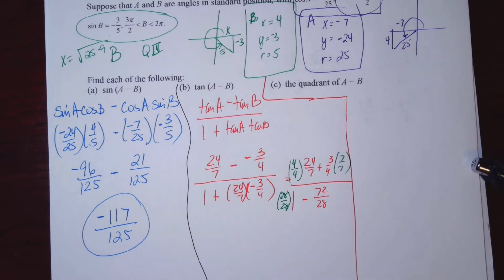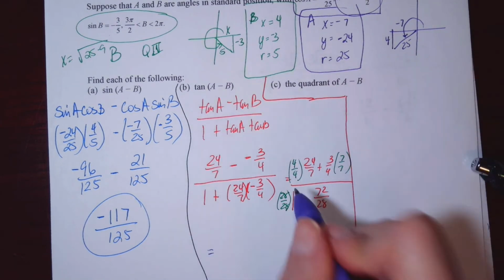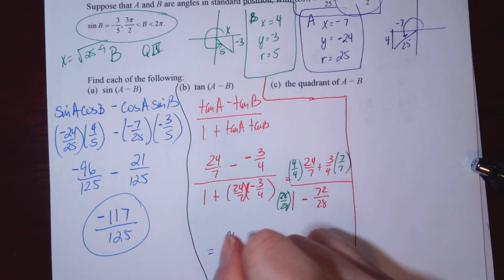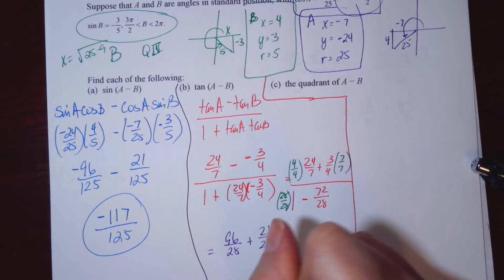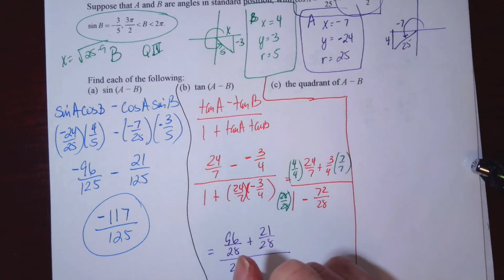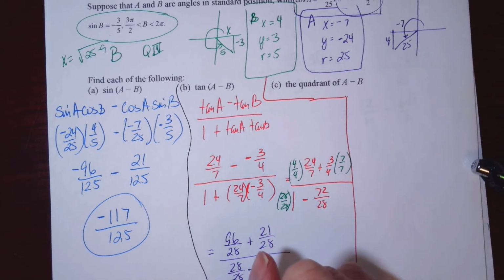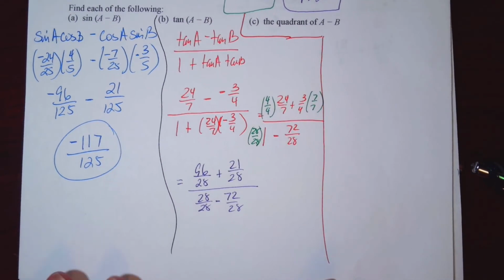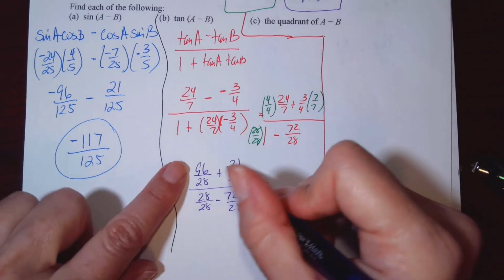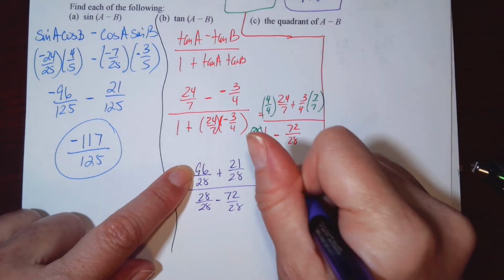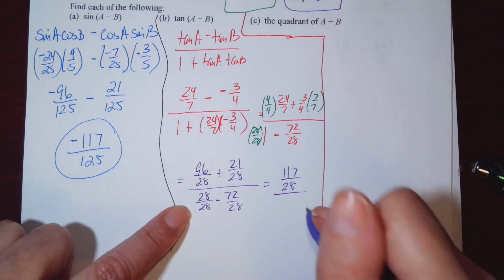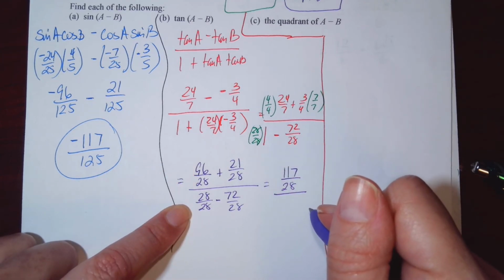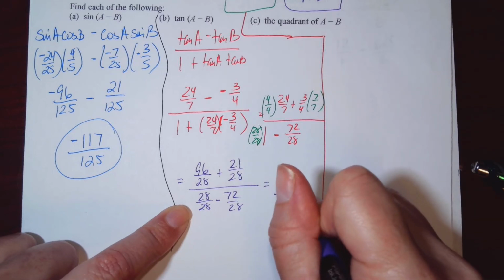So when I rewrite that down here, now it looks like 4 times 24 is 96/28 plus 21/28 over 28/28 minus 72/28, which gives me 117/28 over a negative 44.